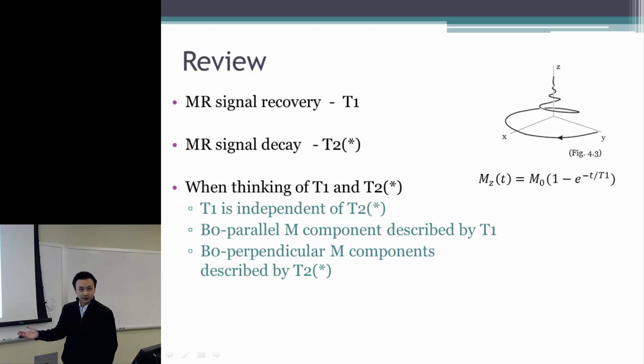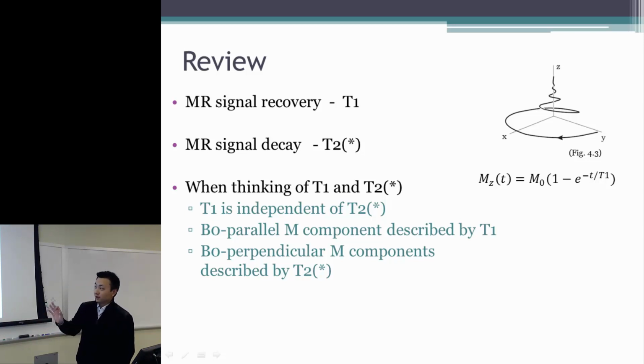The T1 process is the interaction between the spin and its environment, which is the crystal lattice, right? And T2 is the interaction between spin and spins. So they are two totally different processes.